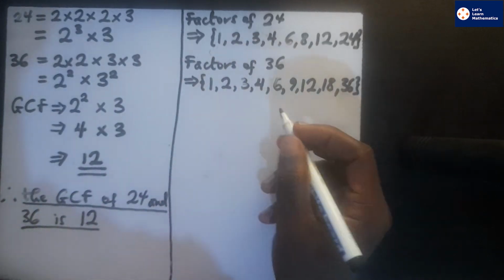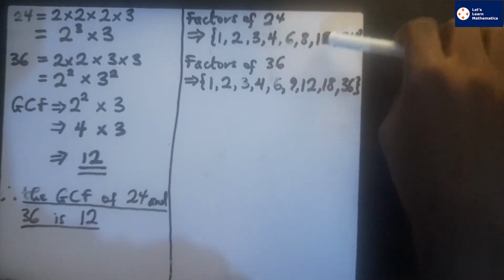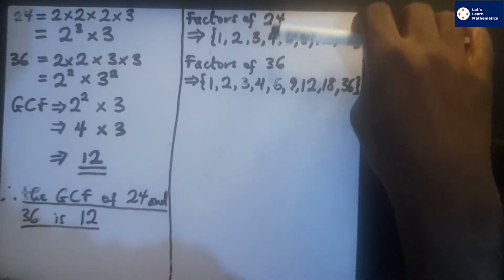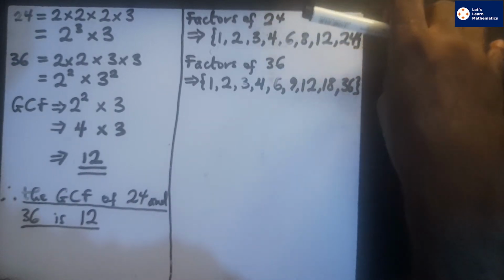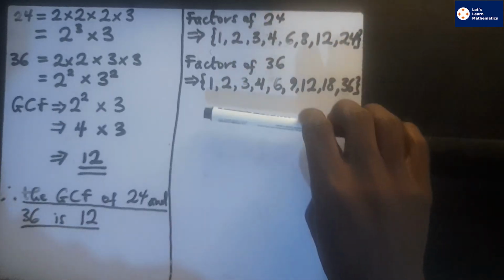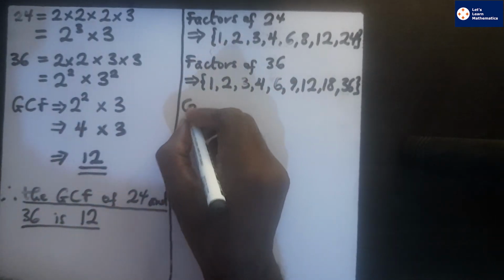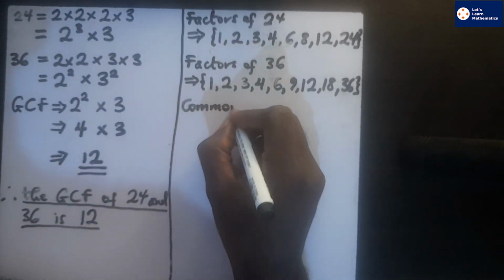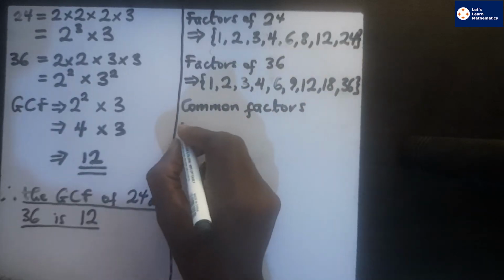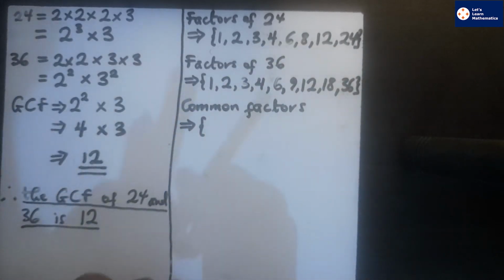So we are going to list the common factors. The common factors are the factors that can be found in this list and at the same time in this list. So the common factors of 24 and 36 are the factors that belong to the list of factors of 24 and at the same time the list of factors of 36. So we are going to look at both lists.